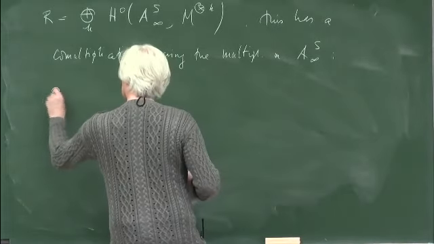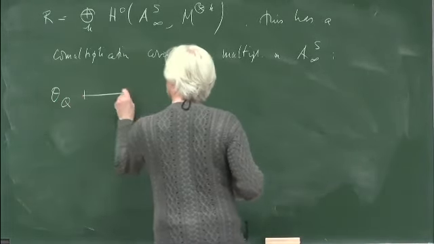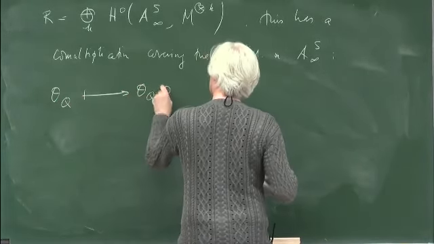The co-multiplication is theta q maps to theta q tensor theta q.